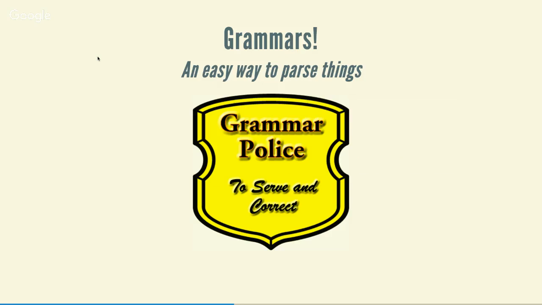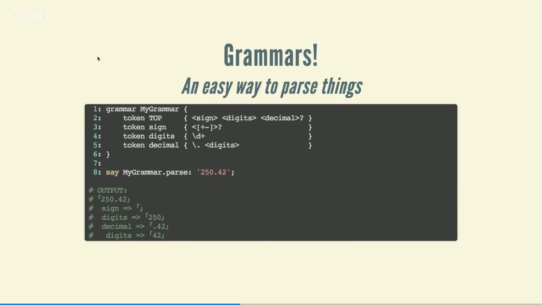Grammars, you use them to parse stuff. Now, the examples I have here look like overkill. That's because they are. Usually you would use a grammar to parse, say, JSON or HTML, something bigger than this. So on line number 8, I'm giving a string, a number, to the parse method, and I'm printing out the result.